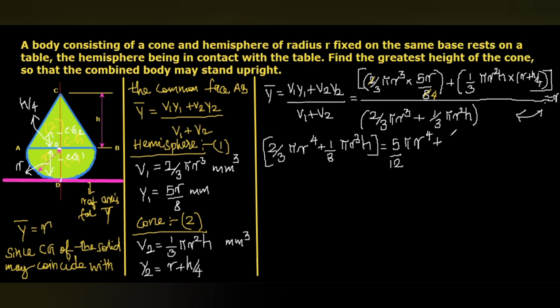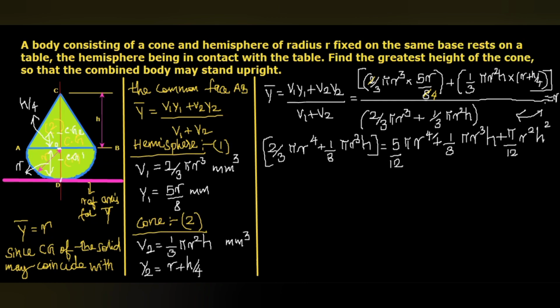So we can say here, first 1 by 3 pi r cube h, plus this h by 4. 1 by 3 pi r square h square, and this 4 if we multiply, then we will get 12. So pi by 12 r square h square.